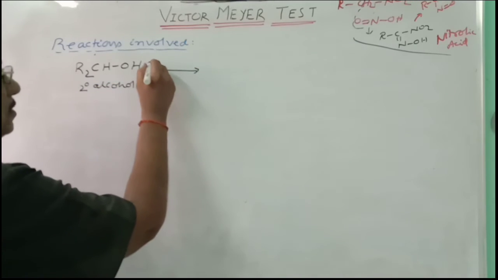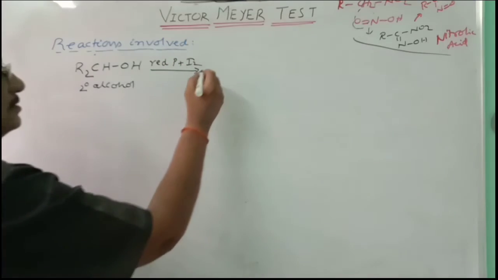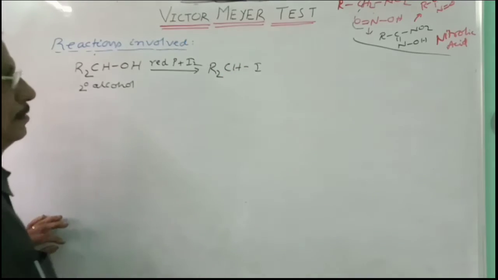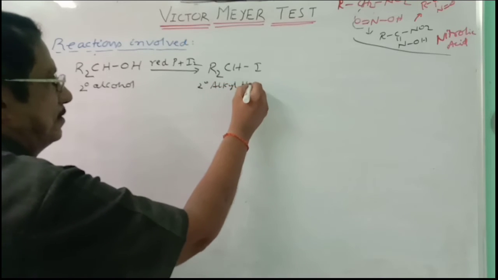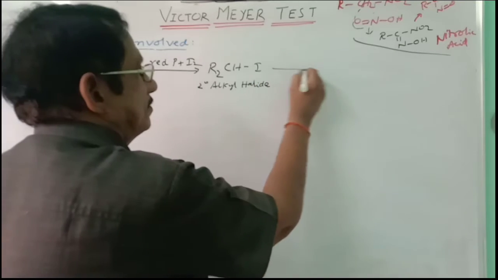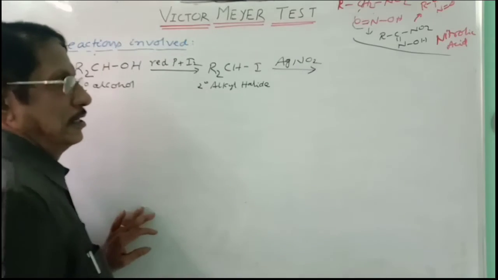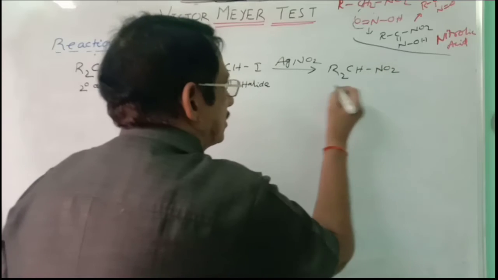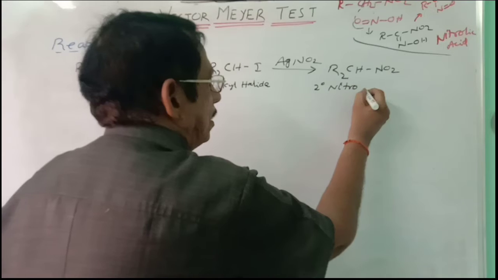It is treated with red phosphorus plus I2 and converted into R2CHI, the secondary alkyl halide. This is further treated with AgNO2, and so it is converted into R2CHNO2, secondary nitroalkane.